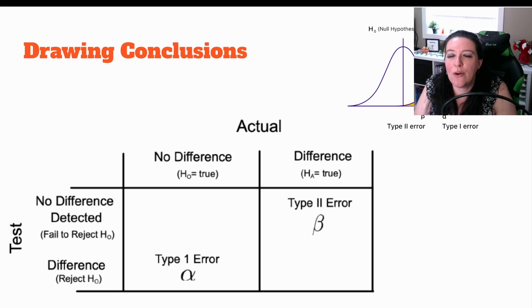And often you'll have an alpha of say 0.05. If you have a smaller sample size, you might go with a 0.1, a 10% chance that you're wrong. And if you have a large data set, you're doing medical studies, you might have an alpha that's maybe 0.01 or 0.001. Okay, so it really is going to depend on how much you're willing to be wrong, saying there's a difference when there really is not one.